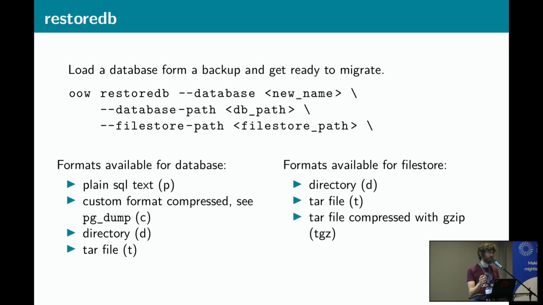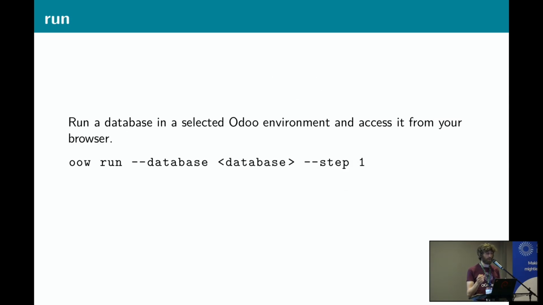After that, your database will be in the PostgreSQL container, and so you can start running it to see if it works. That's the command you use to test the database you have initialized with install module from CSV. There is a little flag there, steps, and we'll see later what it means.